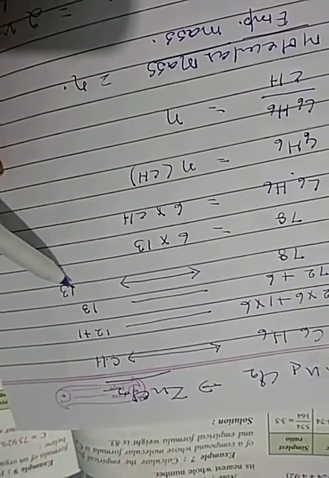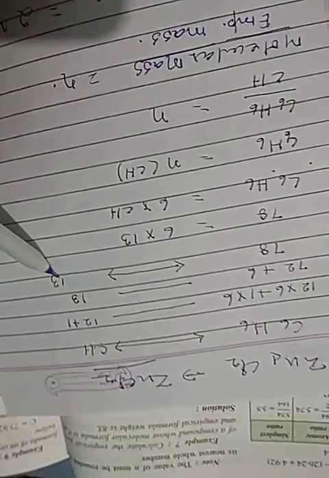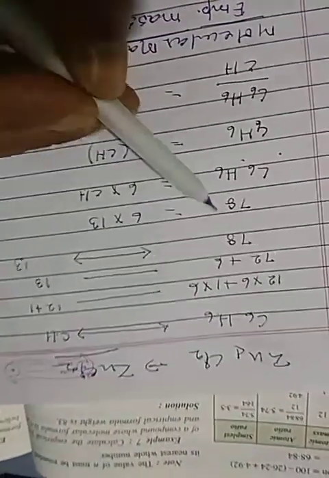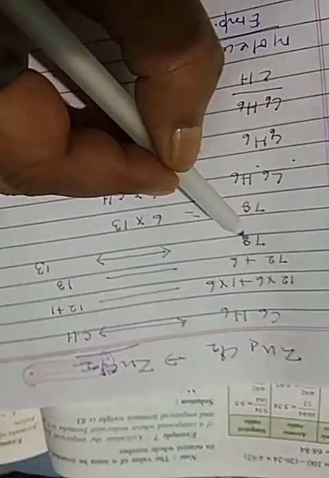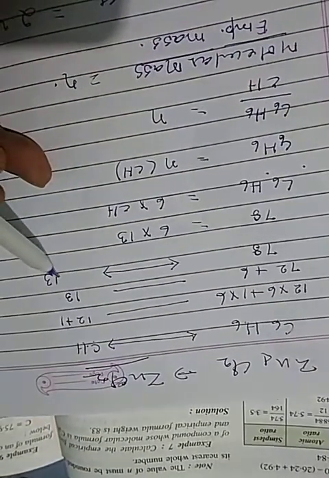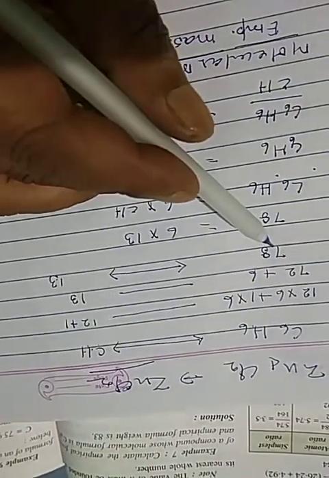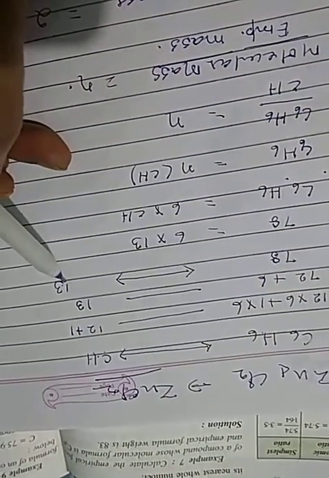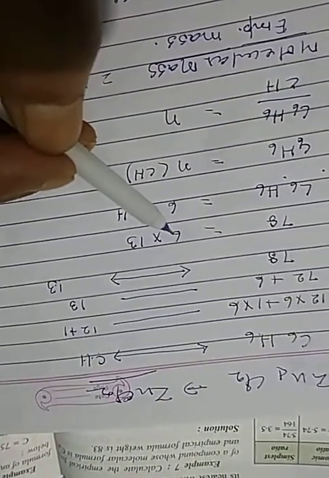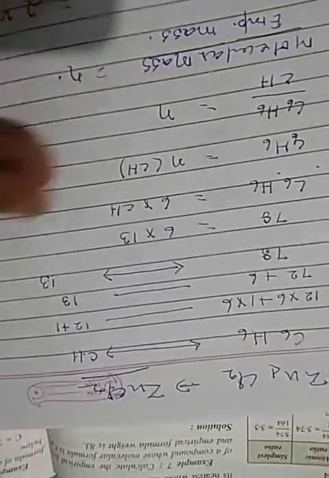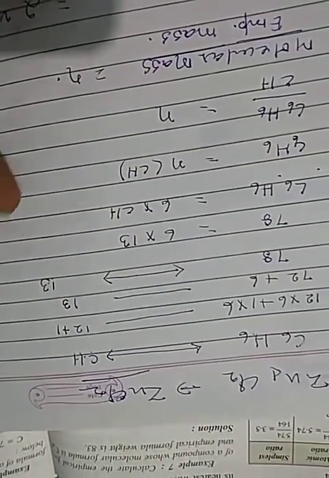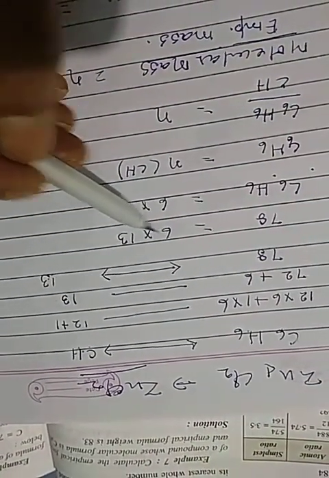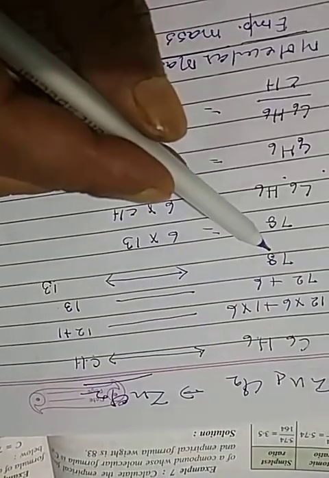What will be its empirical mass? 13. Now this 78 and this 13: how many times is it heavier than 13? Obviously 6 times, because we know that 13 sixes are 78.